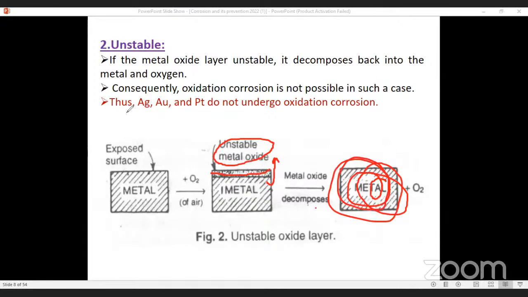Except these, silver, gold, and platinum do not undergo oxidation corrosion. Except these, the remaining metals may produce an unstable metal oxide, and that's why the entire metal will be involved in the corrosion process, right? So just see the previous one.